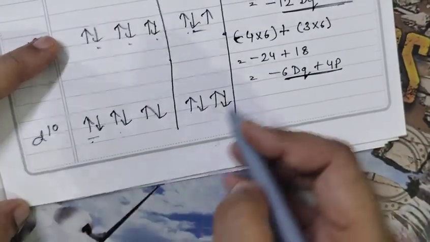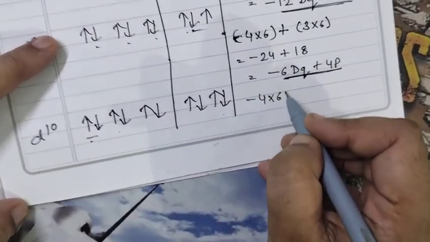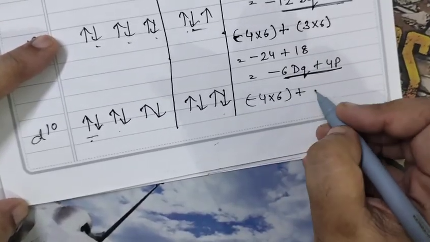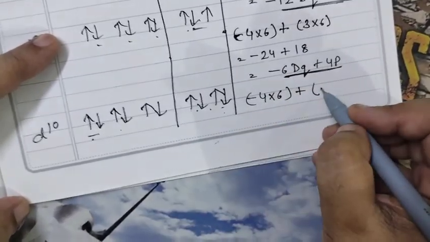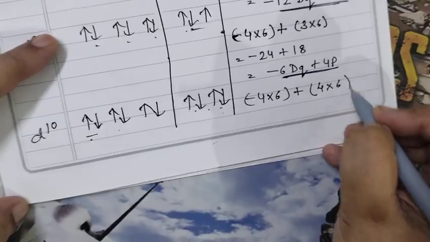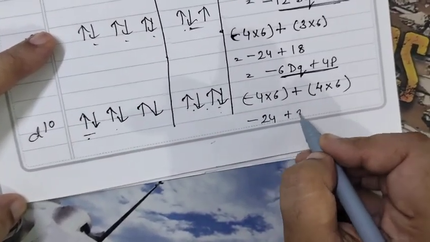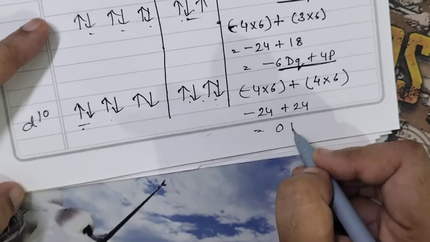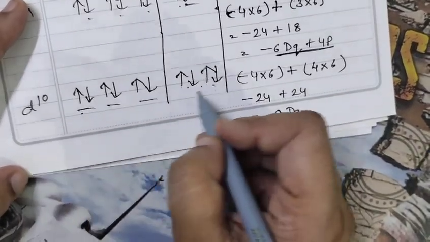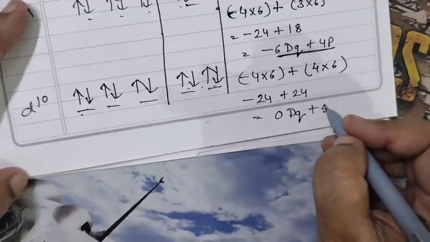So minus 4 for 6 electrons, and 4 electrons will have plus 6 dq. So it will be minus 24 plus 24, that is 0 dq, and total pairs are 1, 2, 3, 4, 5, plus 5p.